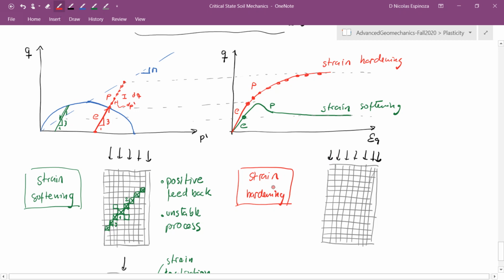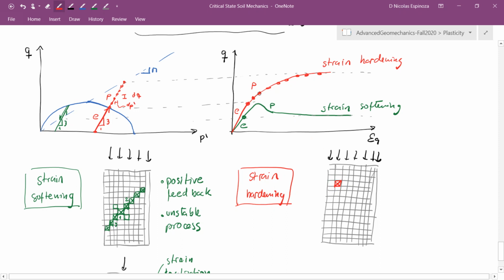If I have a strain hardening material, that means that whenever some of these grid blocks go into the plastic regime, let's say this one over here, what it's going to do is it's going to get stronger.